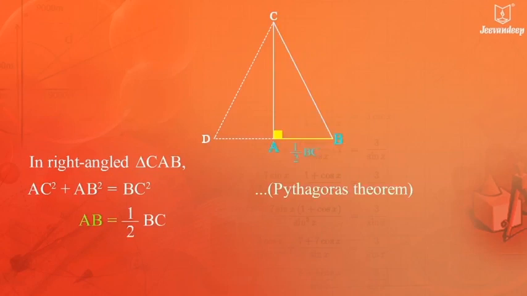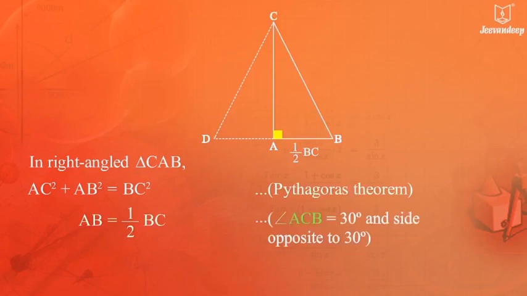AB equals half BC, as angle ACB equals 30 degrees and AB is the side opposite to 30 degrees. Therefore, AC square plus half BC whole square equals BC square, replacing AB by half BC.